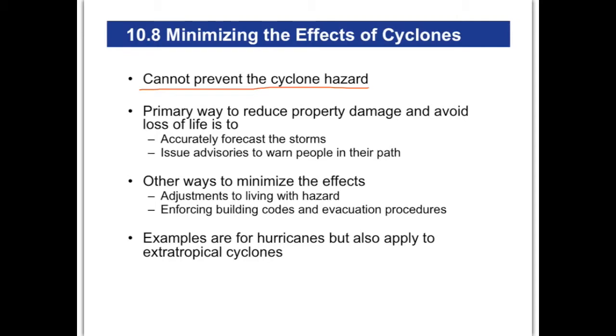Well, you can reduce property damage and loss of life by informing people, by getting them out of the way. And forecasting certainly helps with that. Issuing advisories that certain areas of the coastline need to be evacuated is the way you get people out of harm's way. You can't prevent the threat, but you can move people elsewhere.